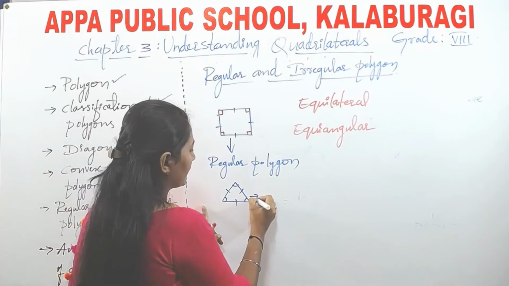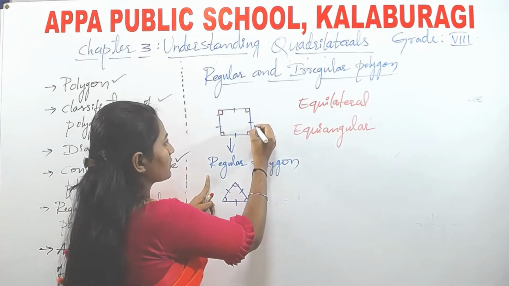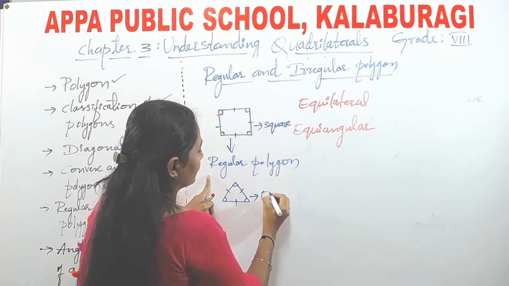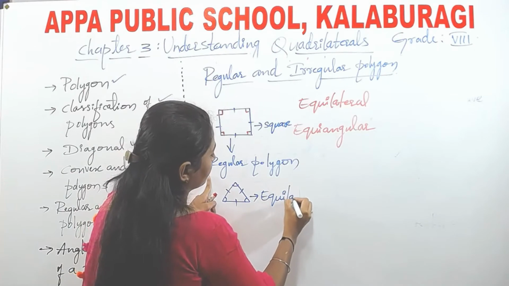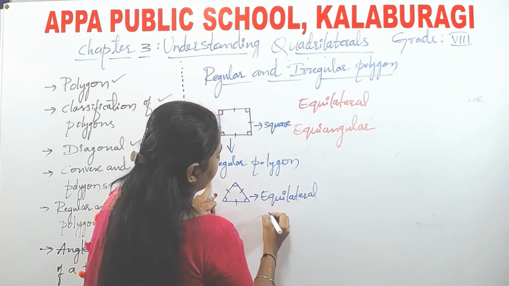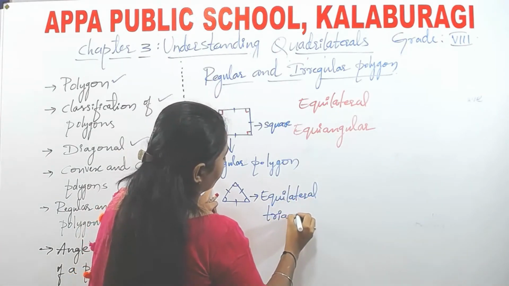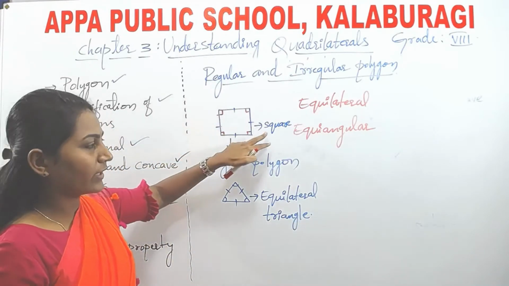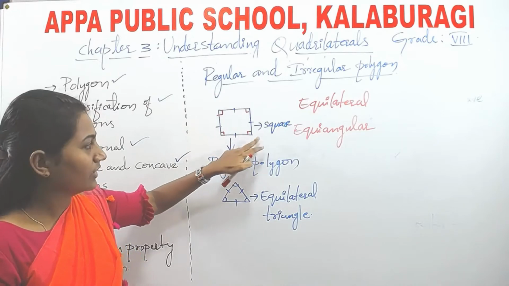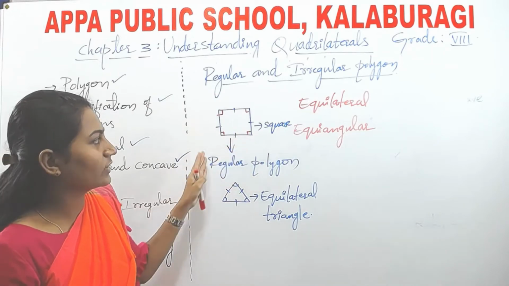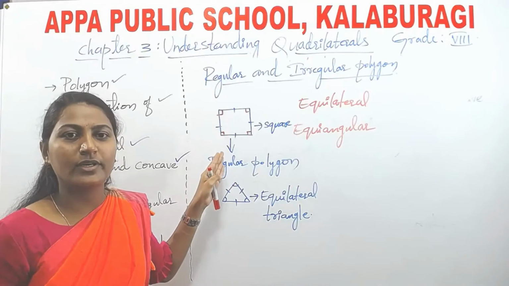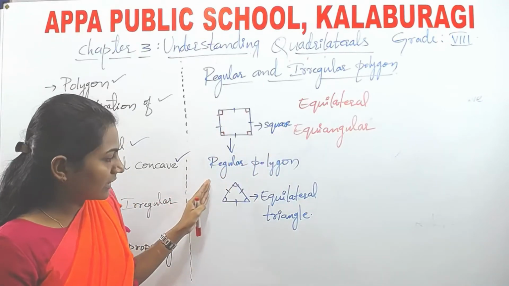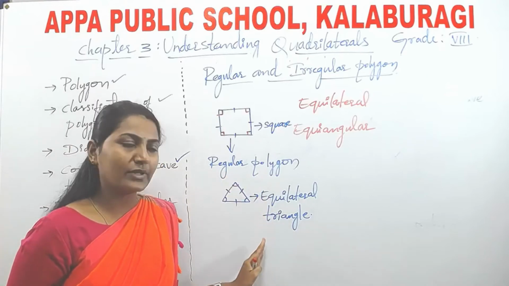So an equilateral triangle is also a regular polygon. A square is also a quadrilateral, so I can name it as a regular quadrilateral, and for that regular quadrilateral you have a specific name called square. For triangle also, there is a specific name called equilateral triangle.